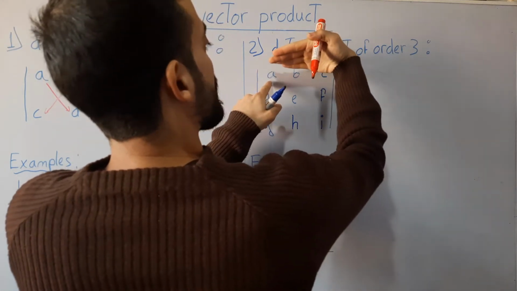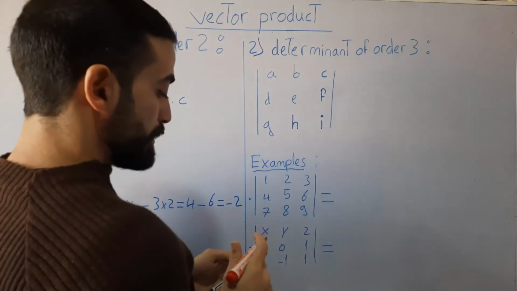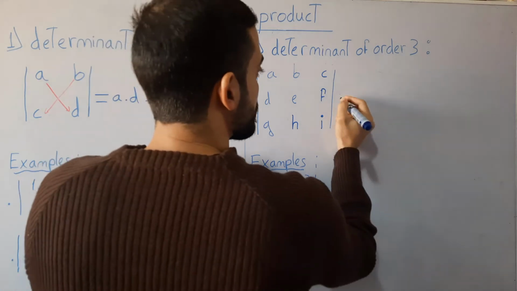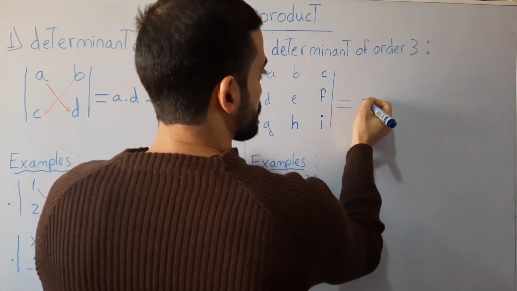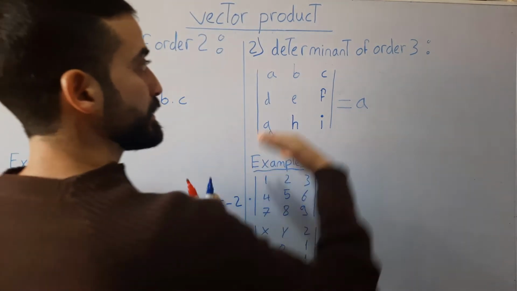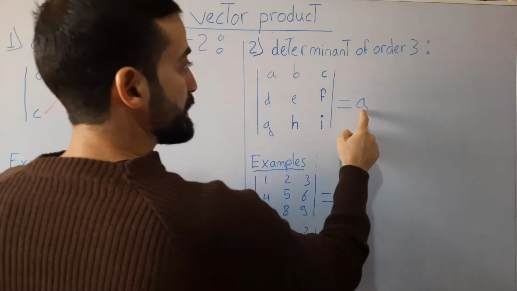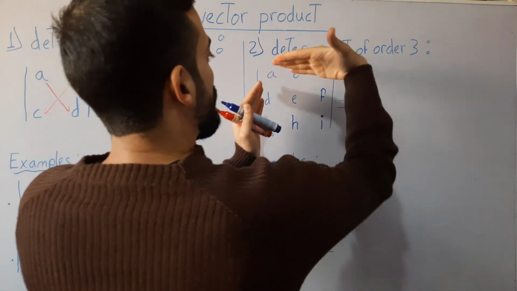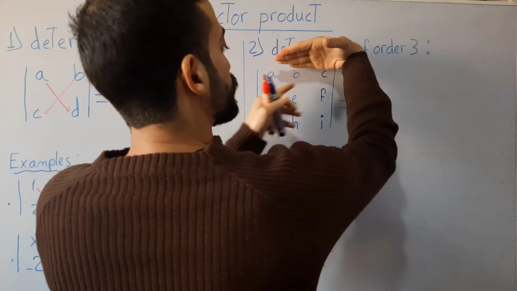The intersection is A. So, we put it here. What remains is a determinant of order 2.